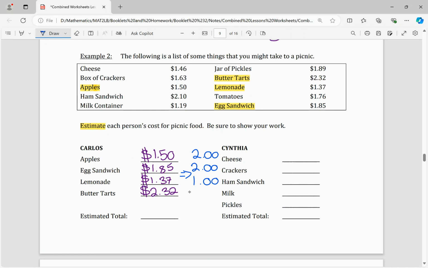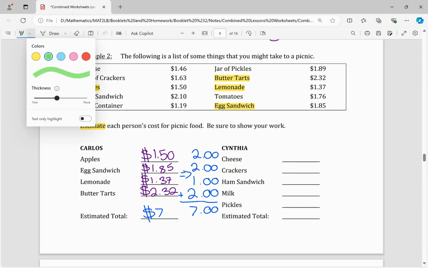And $2.32, that's going to round down to $2. So, roughly how much does Carlos need to spend for the picnic? Let's add up all of these prices together. 2 plus 2 plus 1 plus 2, 2, 4, 5, 7. Carlos is spending around $7.